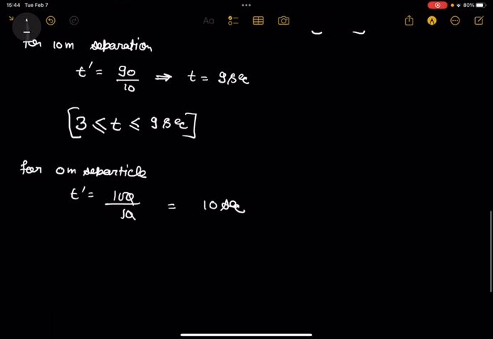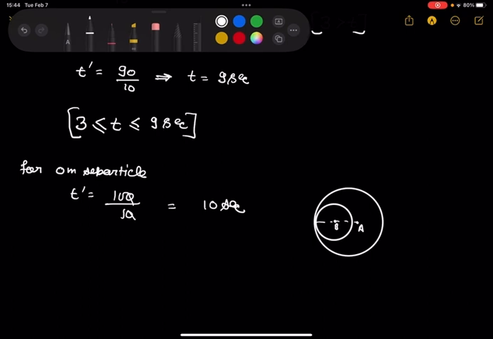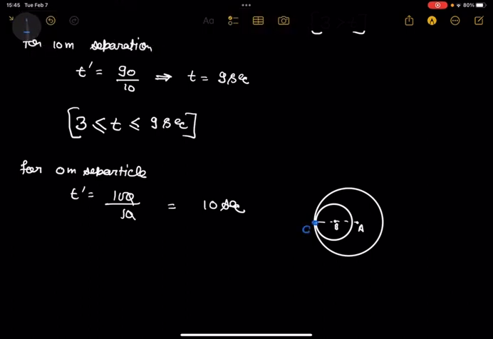And again, if this is your B and this is your A, located somewhere, and if point C is located here, then this distance is 30 meter and this distance is 40 meter. So what next separation will come? It is the 10th second, so from 9 to 10 it is 1 second. Again 10 meter separation will come, again taking 1 second.